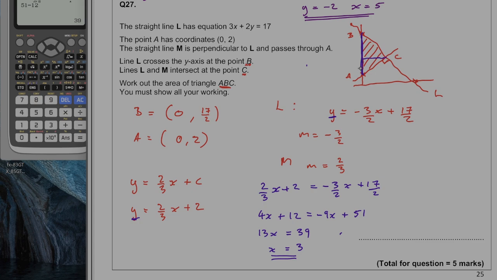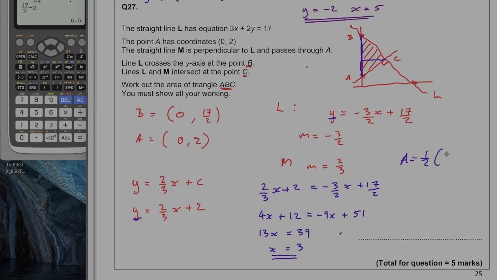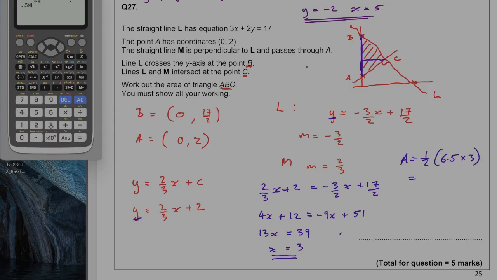Right, so the difference in the y coordinates is going to be 17 over 2 take away 2, so that's going to be 13 over 2 or 6.5. So the area of the triangle is going to be a half of 6.5 times by 3, which is going to be equal to, so 0.5 times my last answer times 3 is going to give me 9.75.